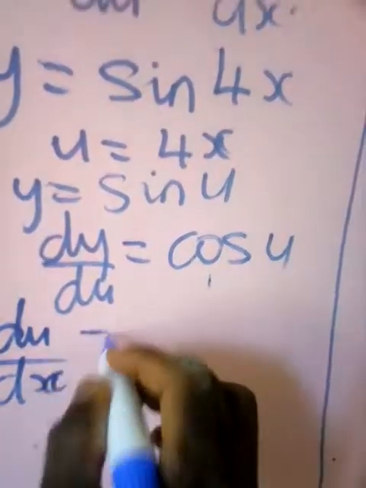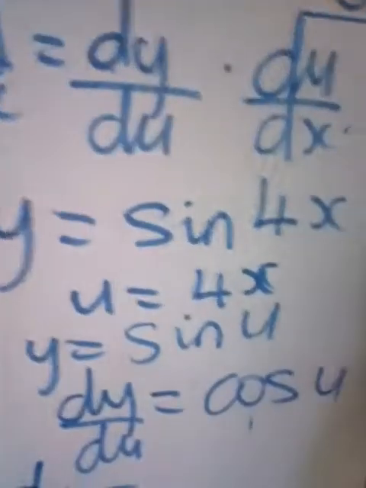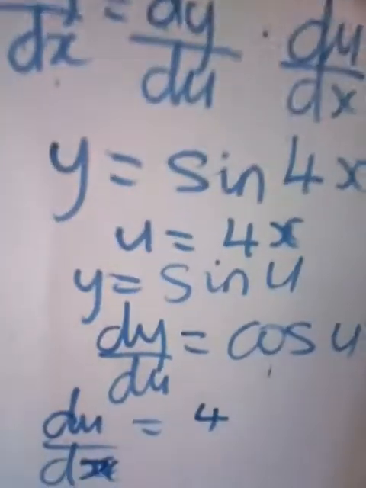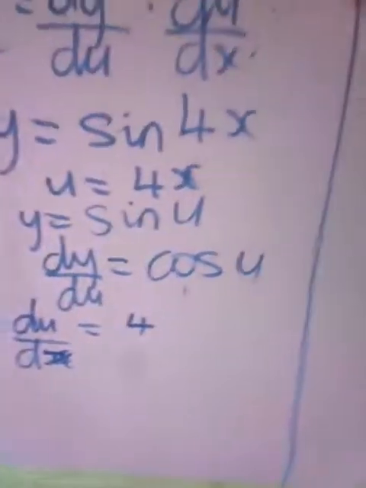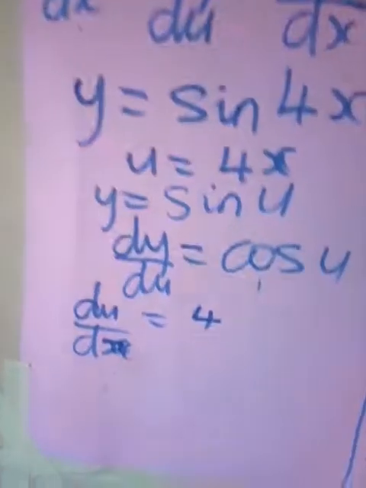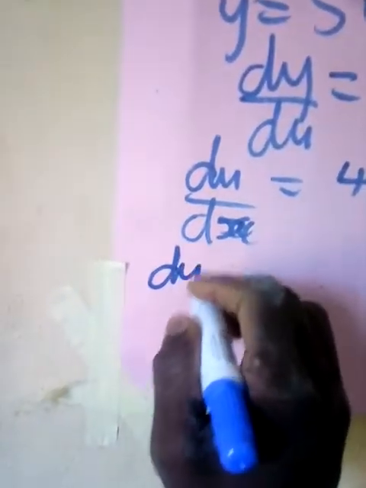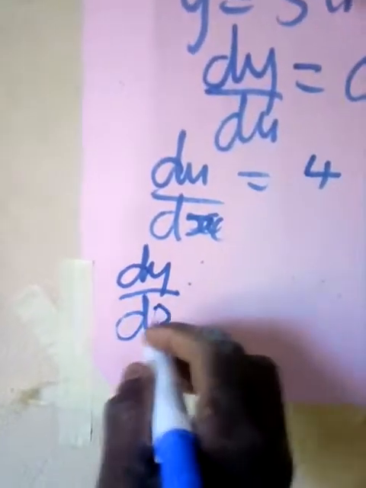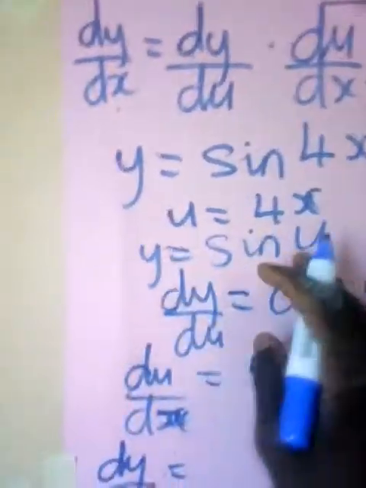Differentiating 4x, I get 4. Remember from the power rule, power comes down, power goes up minus 1. So 1 times 4 is 4, and 1 minus 1 is 0, so I have 4 times x raised to power 0, which gives me 4. Putting this into the equation, dy/dx is equal to, what's my dy/du?